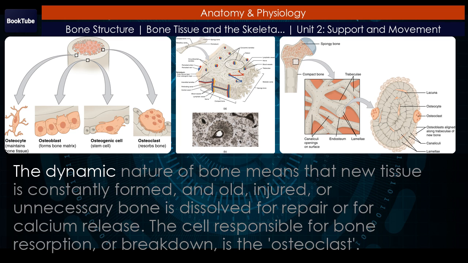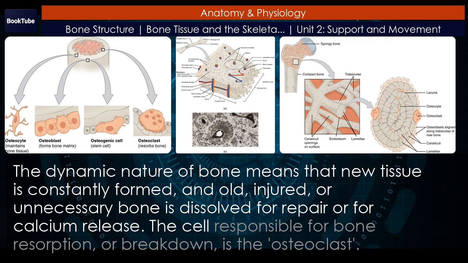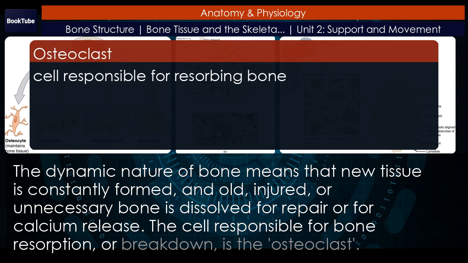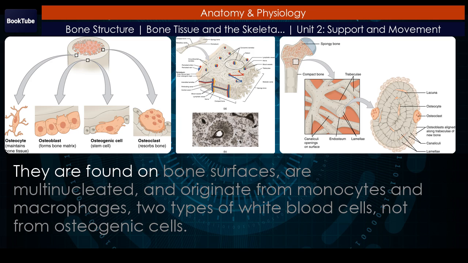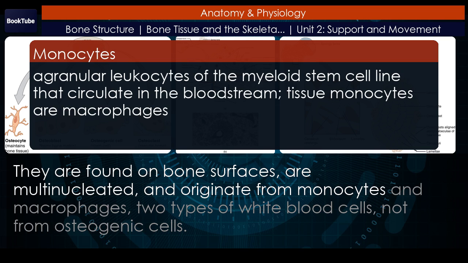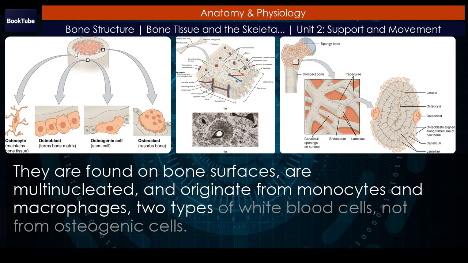The dynamic nature of bone means that new tissue is constantly formed. An old, injured, or unnecessary bone is dissolved for repair or for calcium release. The cell responsible for bone resorption, or breakdown, is the osteoclast. They are found on bone surfaces, are multinucleated, and originate from monocytes and macrophages, 2 types of white blood cells, not from osteogenic cells.